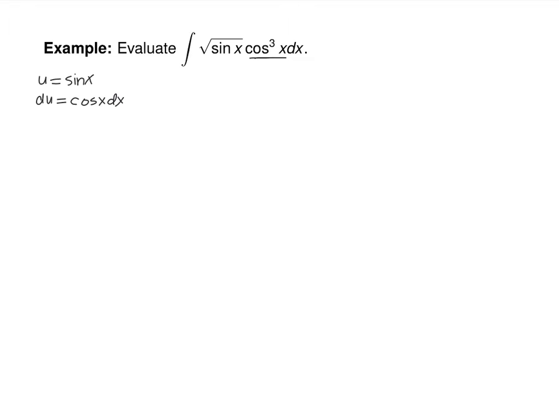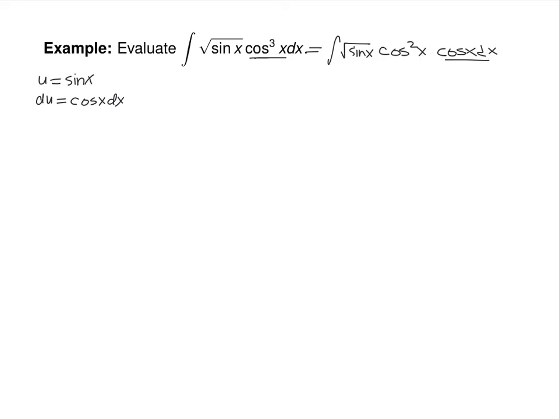So we need to save one of those cosines to be our du, and the others need to be changed into sines. So let's think about this as the integral of root sine x times cosine squared x times cosine of x dx. And this is saved to be du.